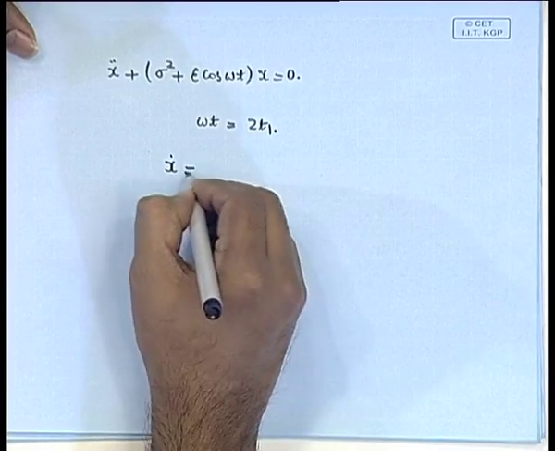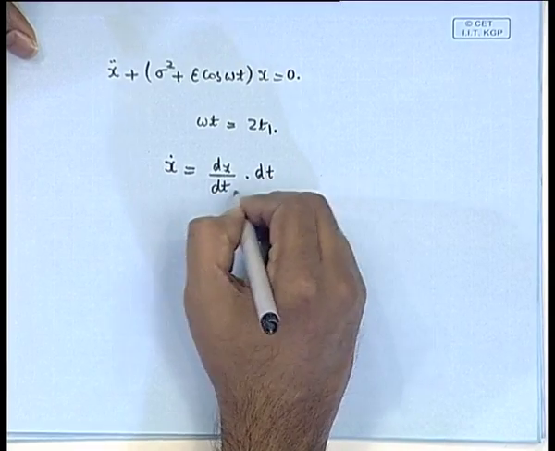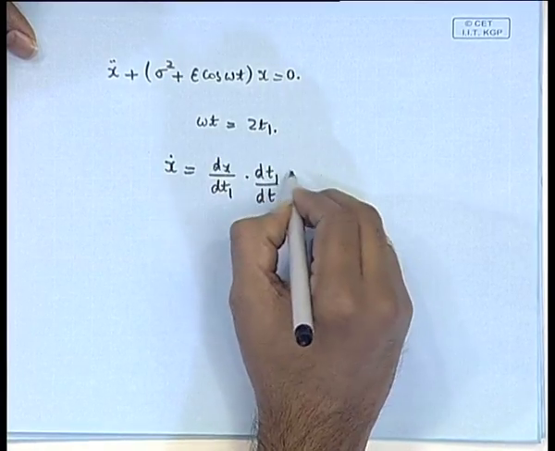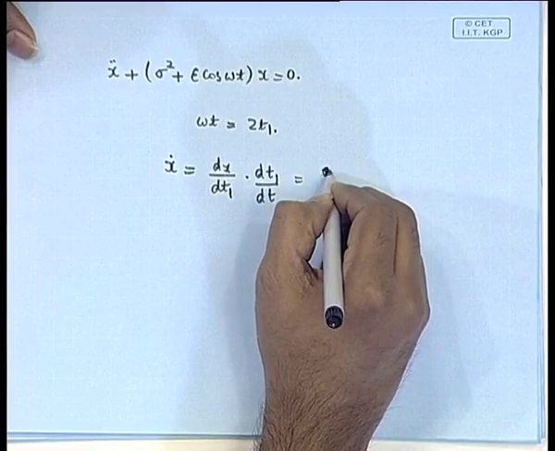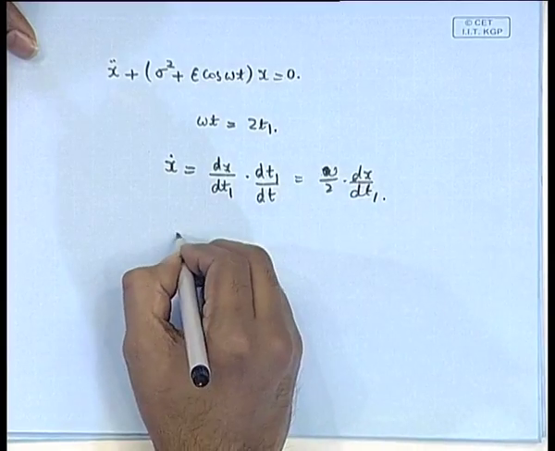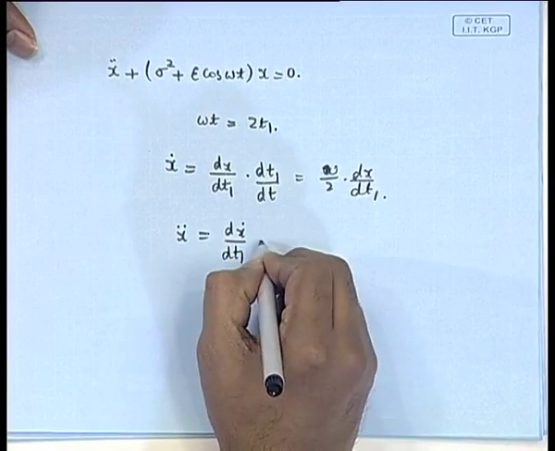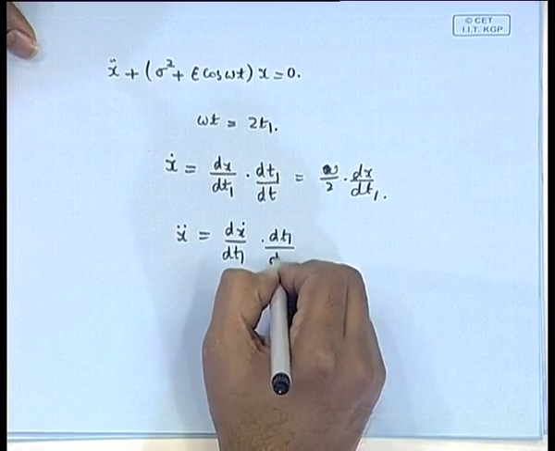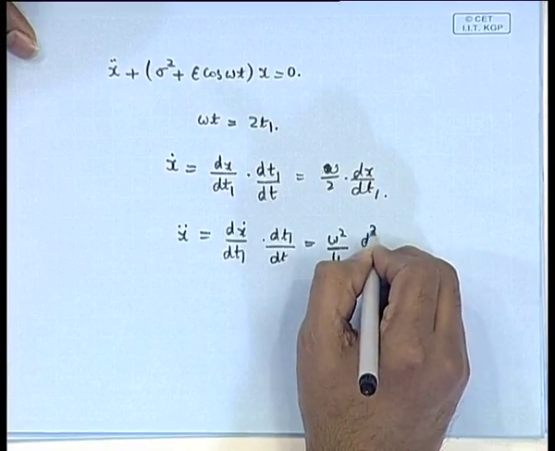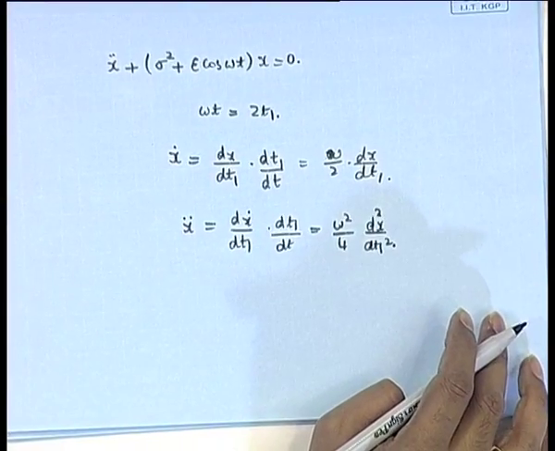Therefore, we see that x dot can be written as dx by dt1 into dt1 by dt. Now, what is dt1 by dt? It is omega by 2. So, x dot is equal to omega by 2 into dx by dt1. Similarly, x double dot becomes omega square by 4 d square x by dt1 squared.